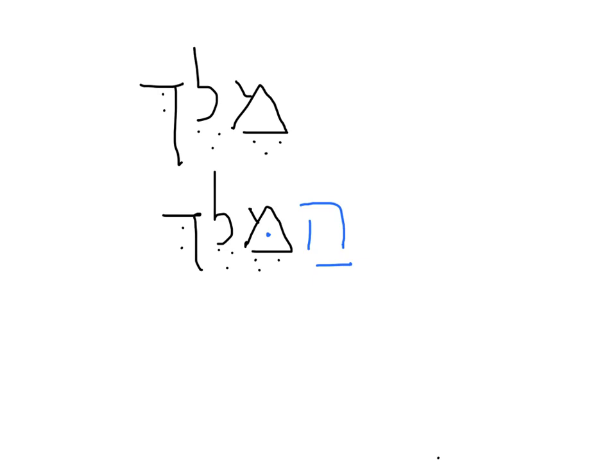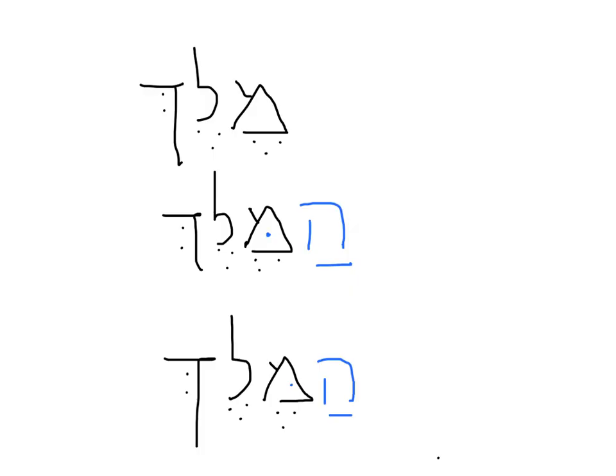What if we wanted to say like a king? Well, no problem. We just start with our word, king. Then we add the hey to make it definite.